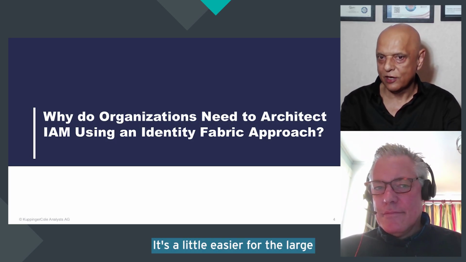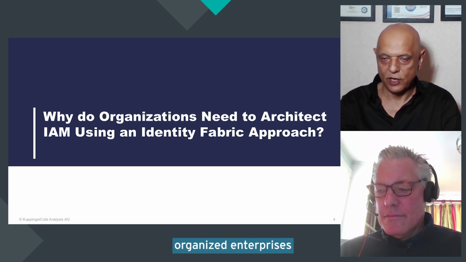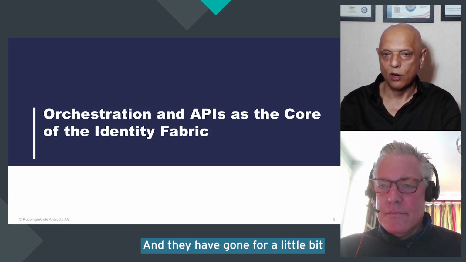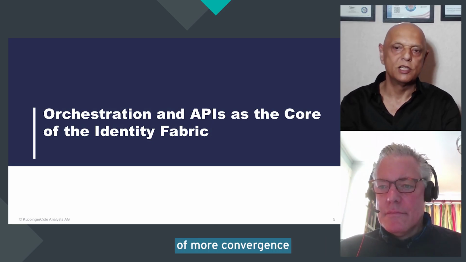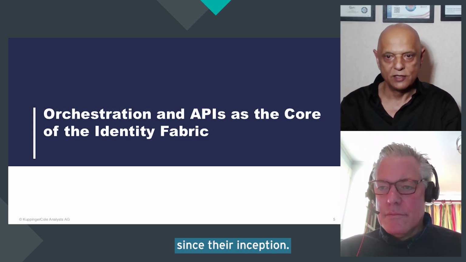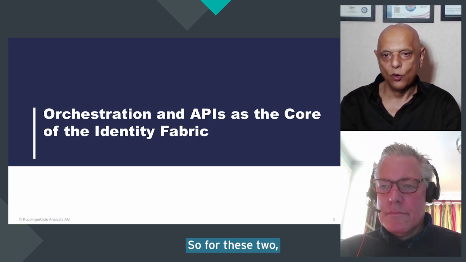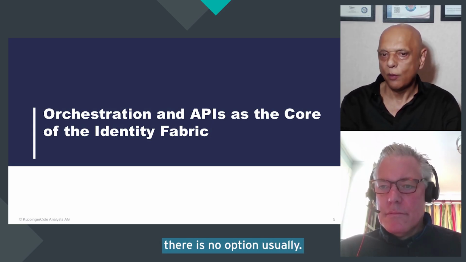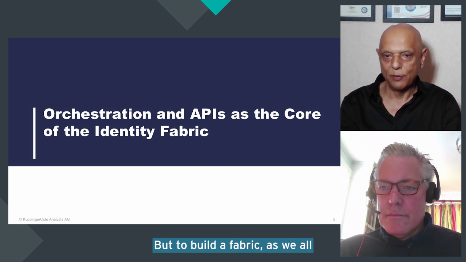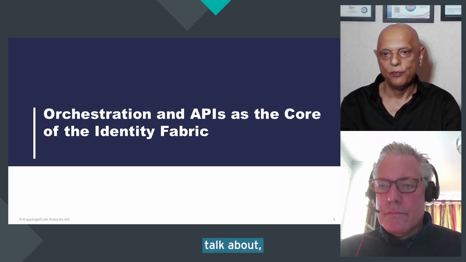It's a little easier for the large organizations, the enterprises who are more recent in nature, and they have gone for a little bit more convergence from the very beginning because they have been dealing with issues like cloud right since their inception. So for these two, there is usually no option but to build a fabric, as we all talk about.